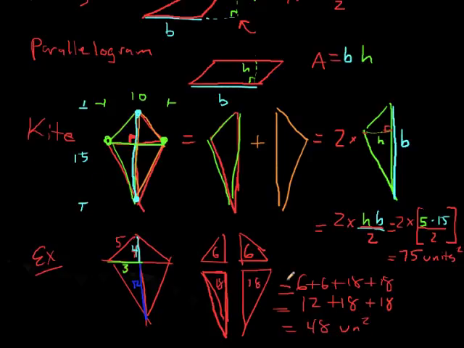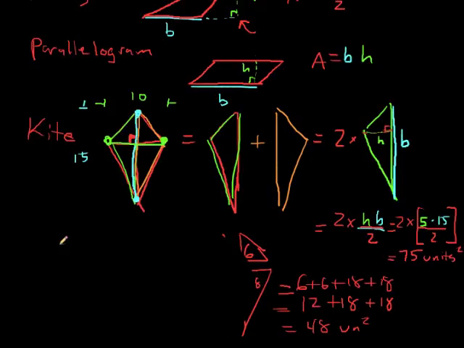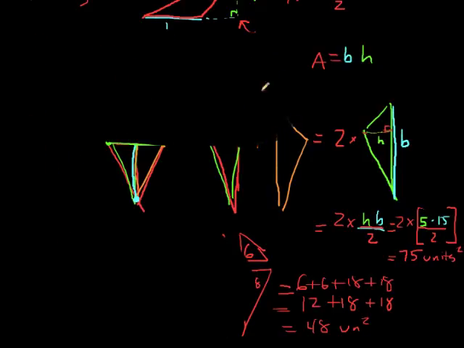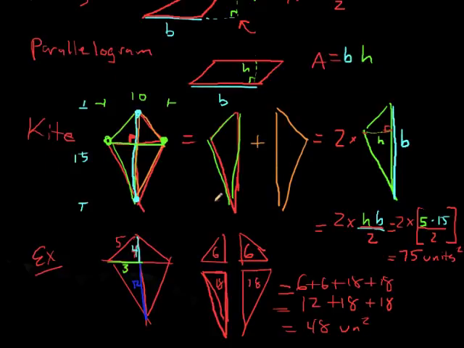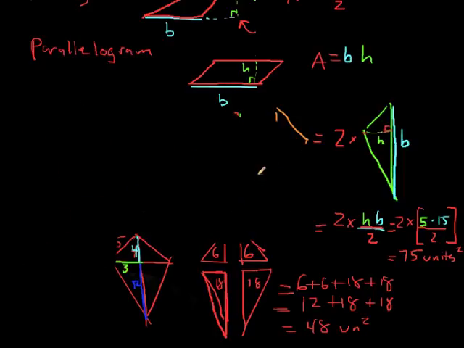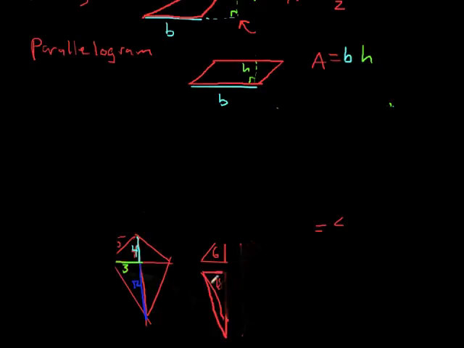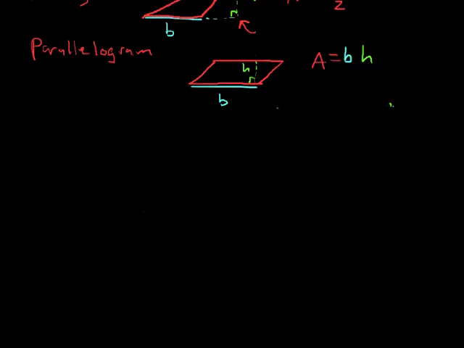Okay. Let me go into the trapezoid now. We're going to leave the parallelogram up there. So here is the trapezoid, and this is the great construction that's so fun to make.